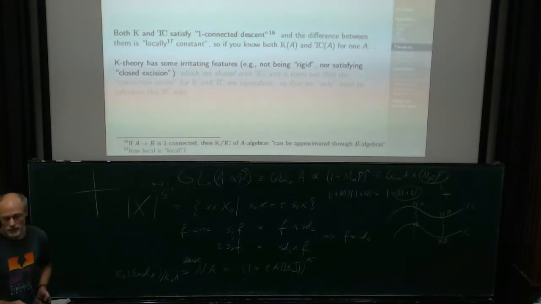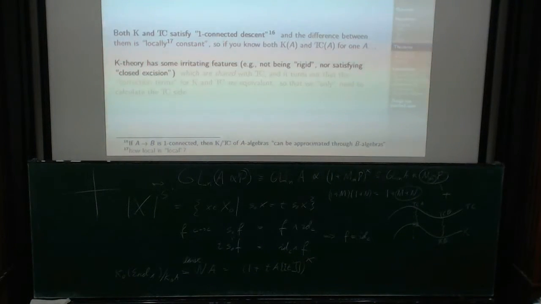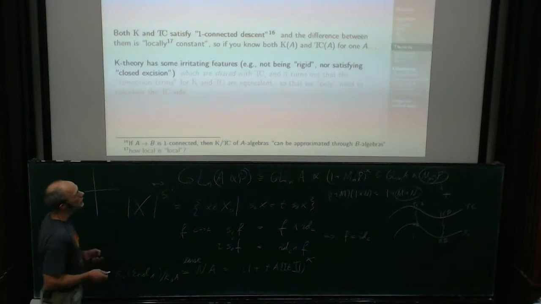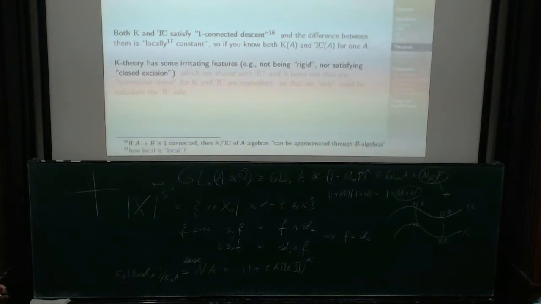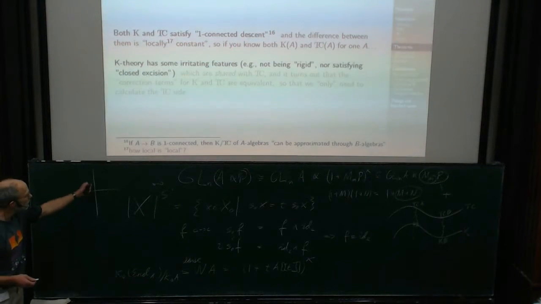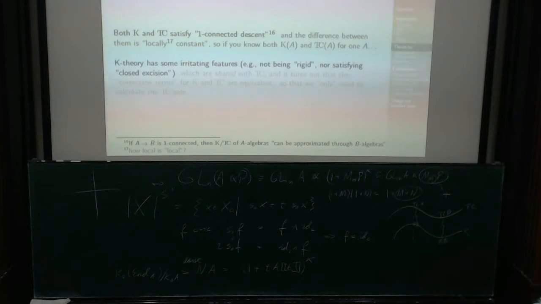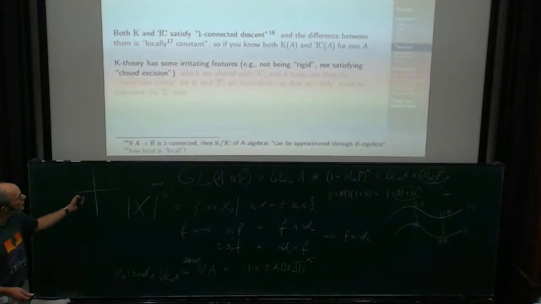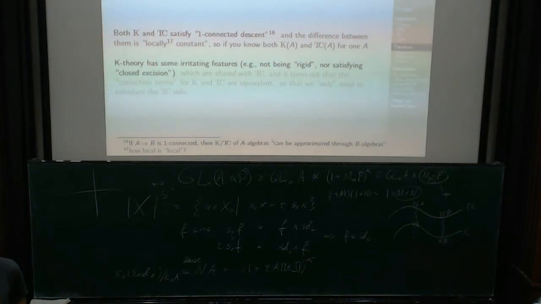But K-theory has some exceedingly irritating features. There were numbers 4 and 5 on my list. It's not rigid, so if I extend it by a small deformation, then strange things happen. And it doesn't satisfy closed excision, so if I glue two things together like this, bad things happen.